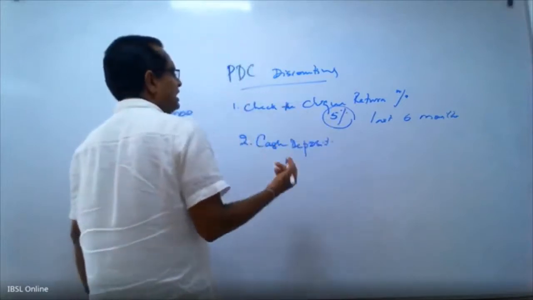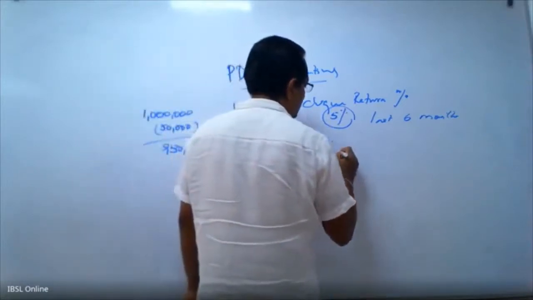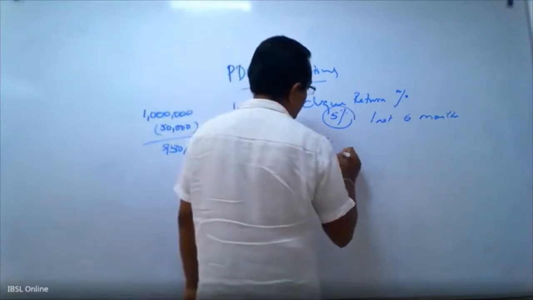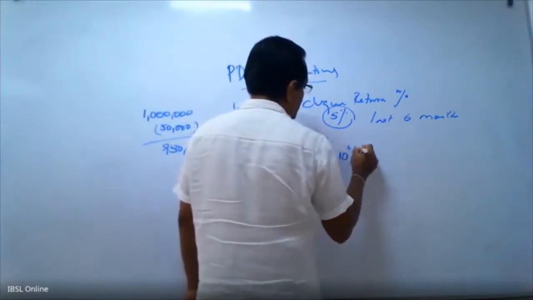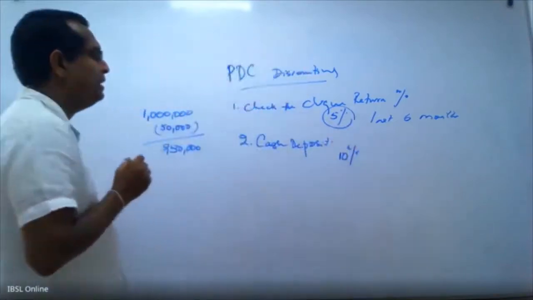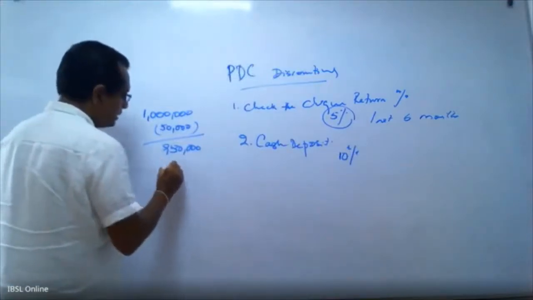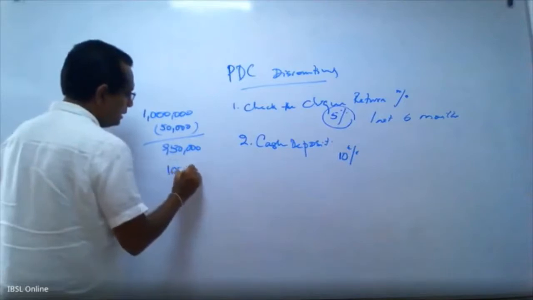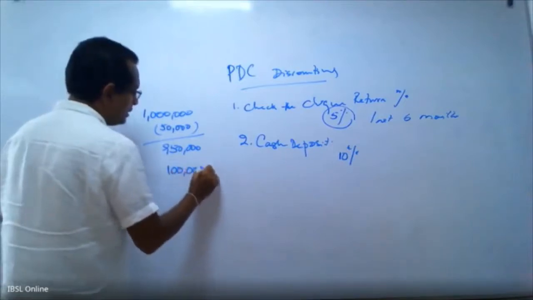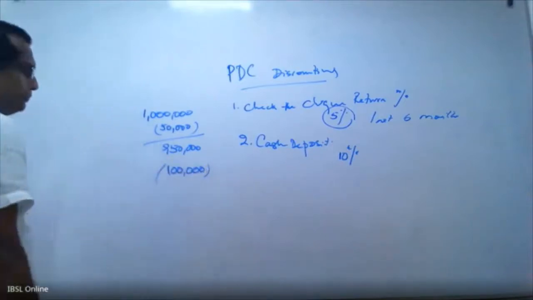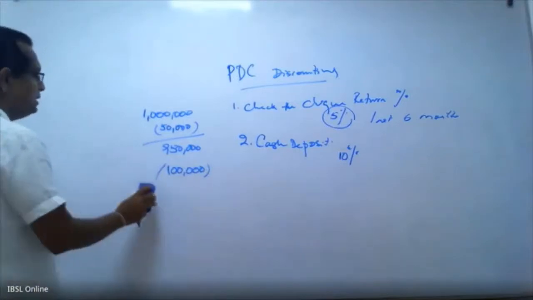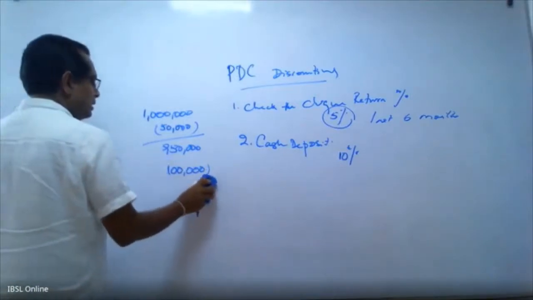We say we are getting a 10% cash deposit. What does that mean? We have 100,000 cash, right? 100,000 cash.